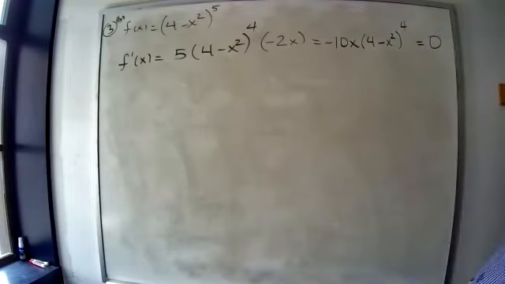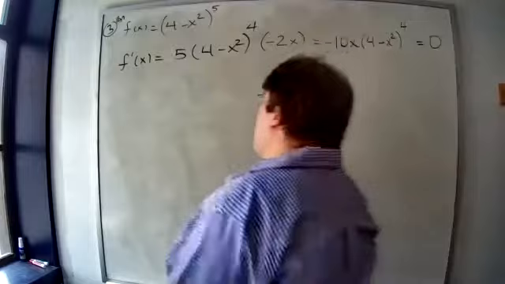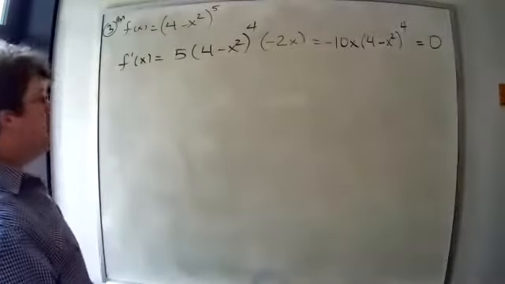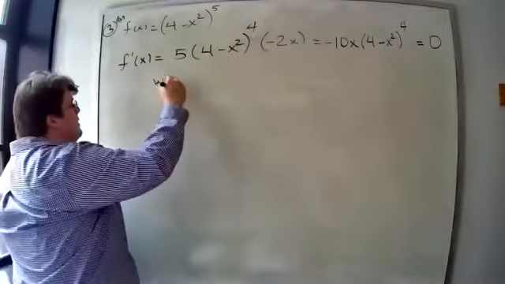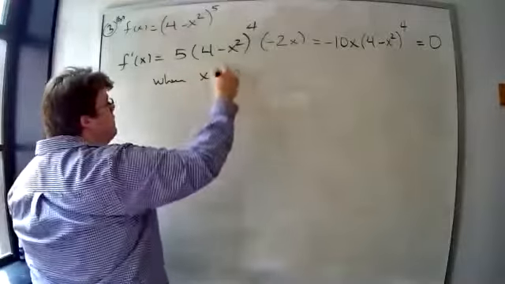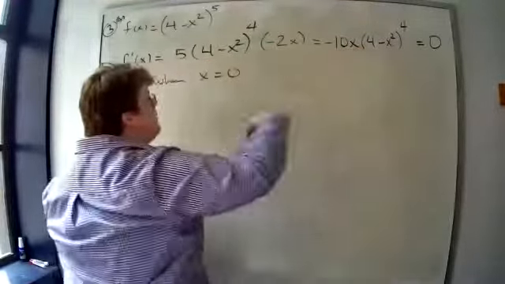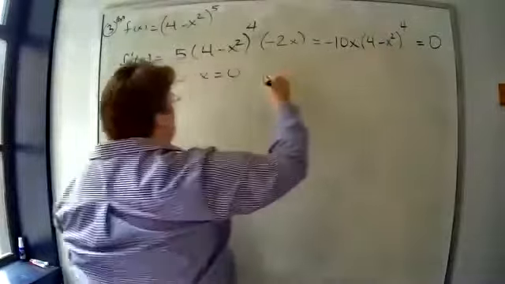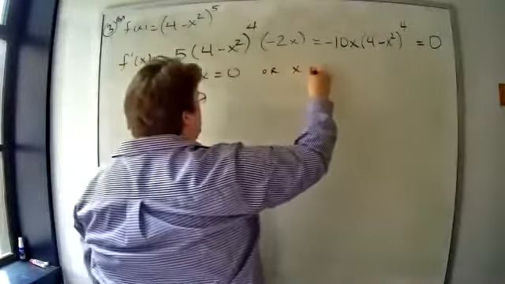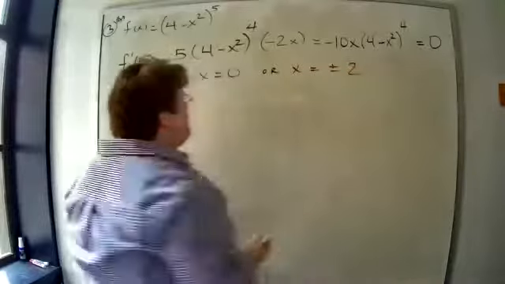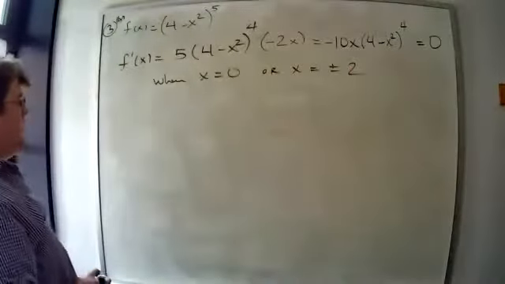Technically, we also want where it's undefined, but we're only going to deal with polynomials, so that won't show up. It equals 0 when -10x equals 0, which is when x equals 0, or when x squared equals 4, so positive or -2.